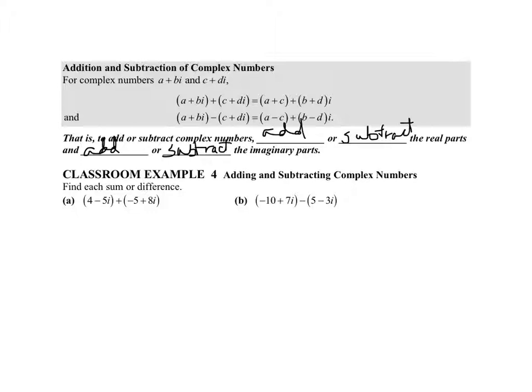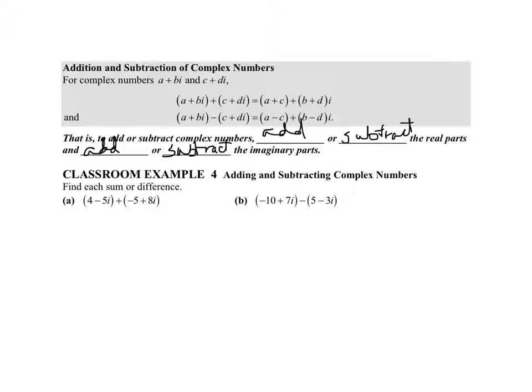So real numbers get added to real numbers, imaginary numbers get added to imaginary numbers. Now the thing you have to be careful about is pay close attention to the sign that is between the two complex numbers. As long as it's addition, you will probably be fine. Subtraction means you've got to think a little harder. You'll need to think of it as adding the opposite to make sure you get the signs correct.